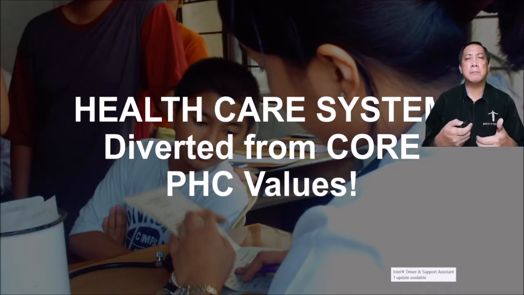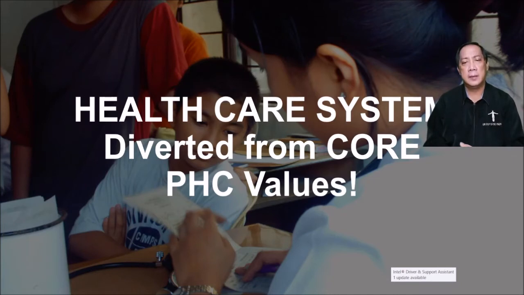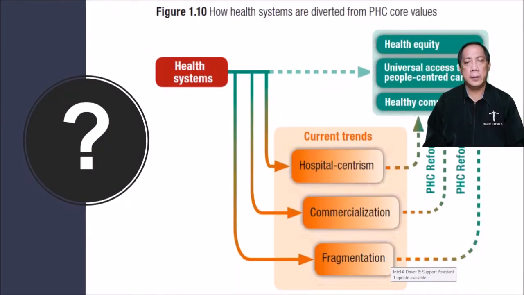Another major thing that we need to realize is that over the years we have focused our training too much on the hospital care setting, because the healthcare system has been diverted from its core PHC values. This figure from the WHO shows that the healthcare system is supposed to be straightforward: health system resulting in health equity, universal access, healthy communities.